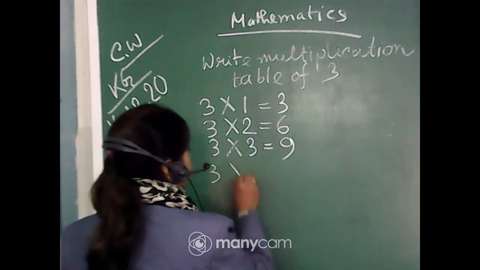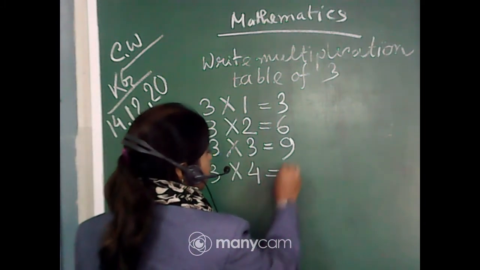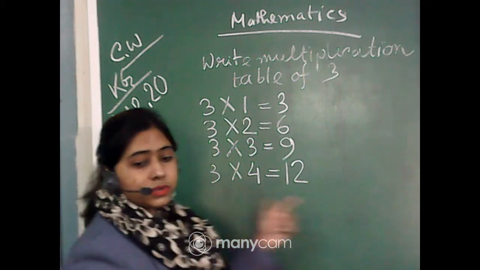3 multiplied by 4 is equal to 12. 3 fours are 12.